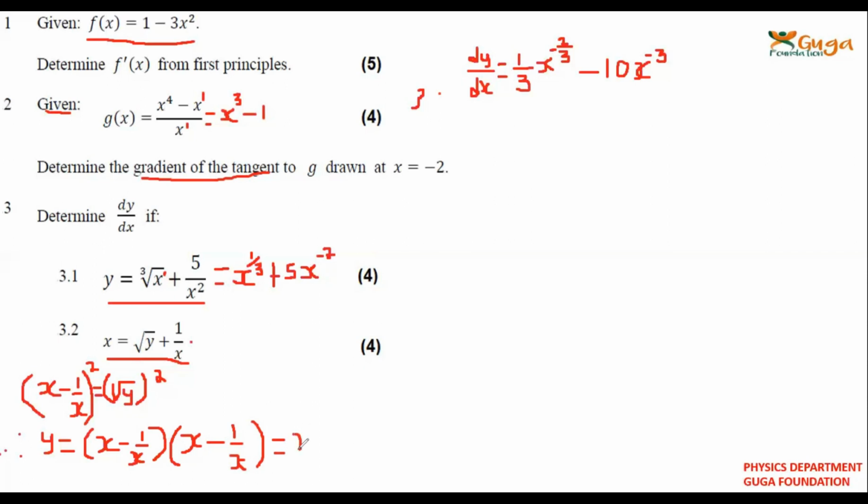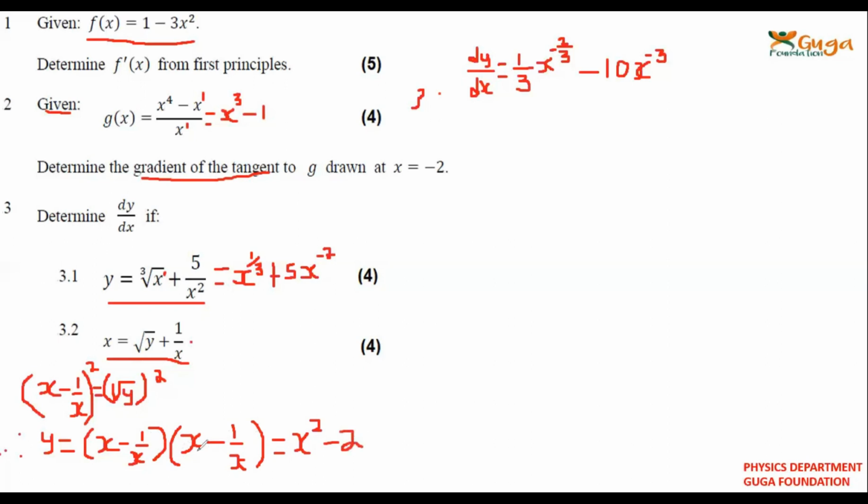Yeah. So here we'll have x squared. So x multiplied by negative 1 over x, it will be 1, and negative 1 over x multiplied by x, it will be negative 1. So negative 1, negative 1, it will be negative 2. Yeah.